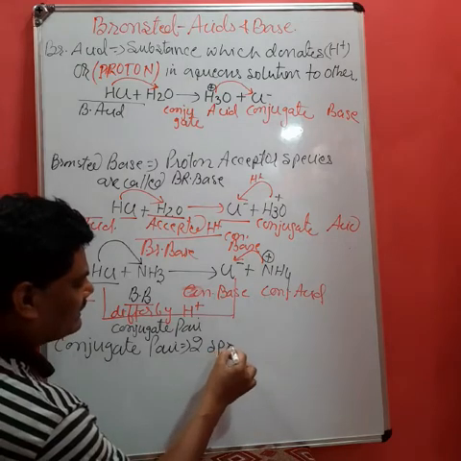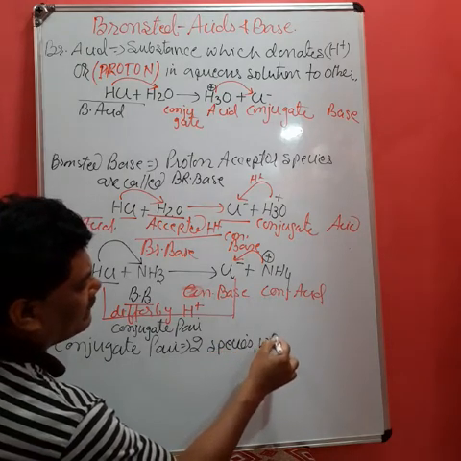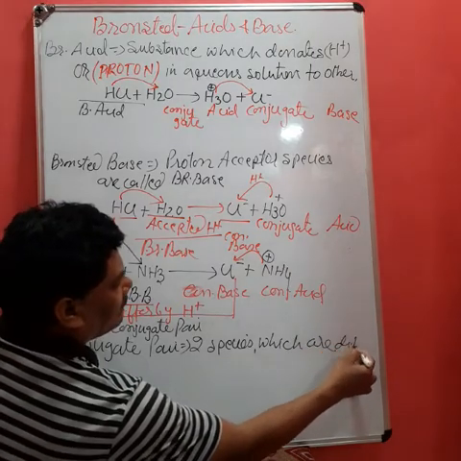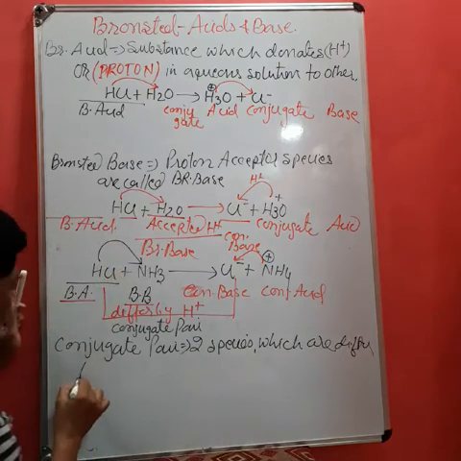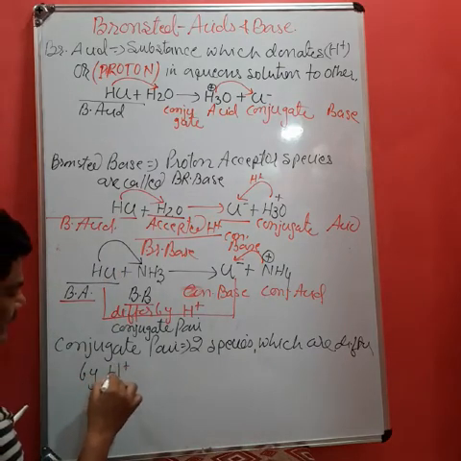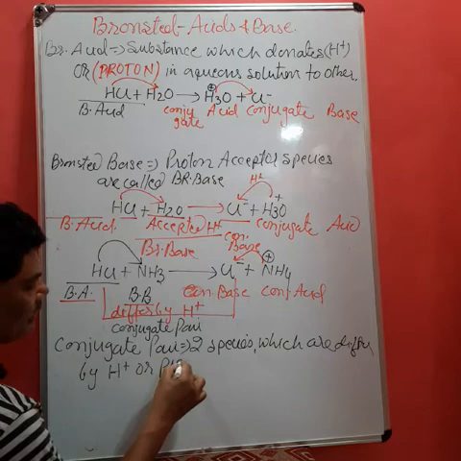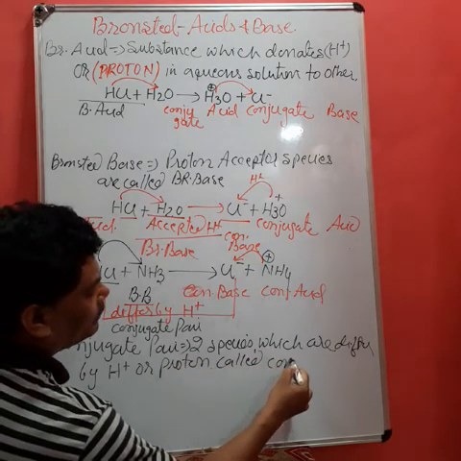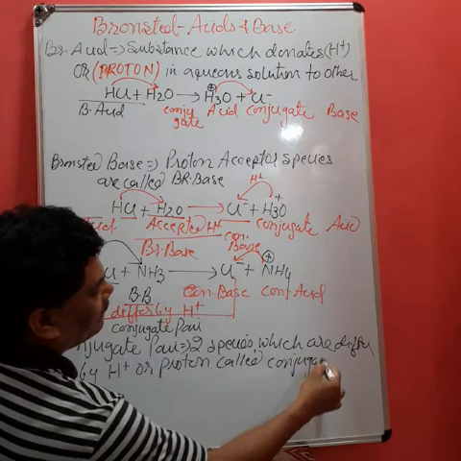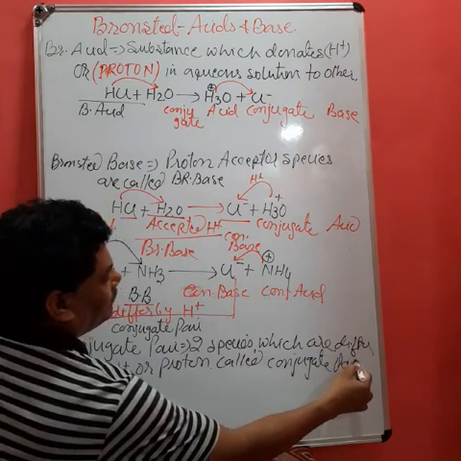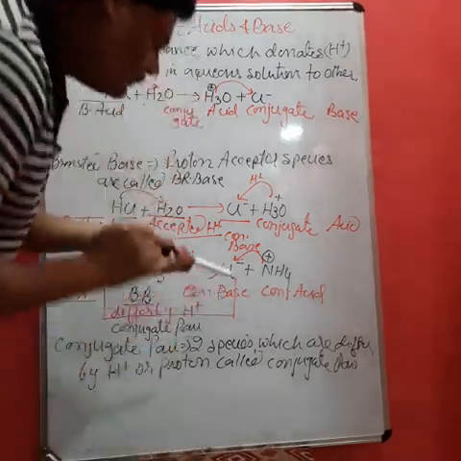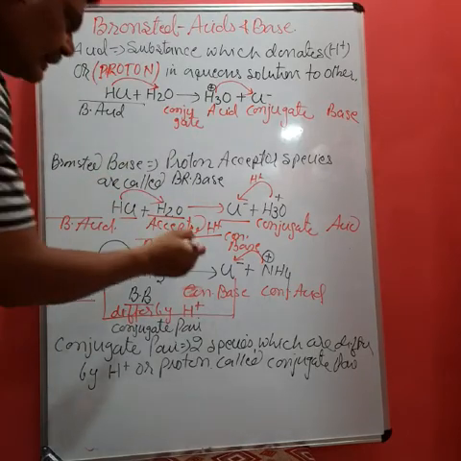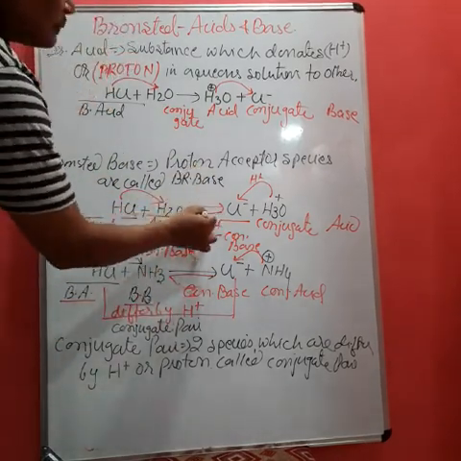Two species which differ by an H cation or proton are called a conjugate pair. Okay, so you can write many such reactions. Here we can write this type of reactions.